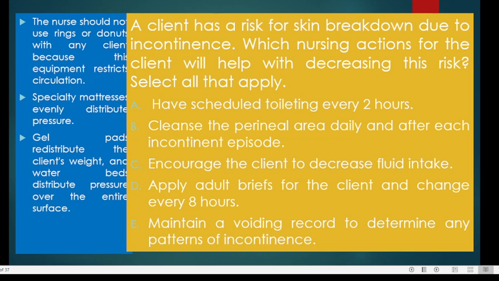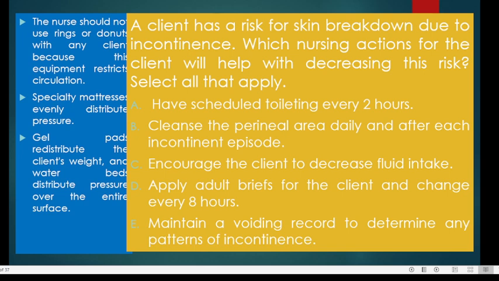Okay. Great. A client has a risk factor for skin breakdown due to incontinence. Which nursing actions or interventions for the client will help in decreasing the risk? Have the client scheduled for toileting every 2 hours? Yeah, this one you can keep for consideration.